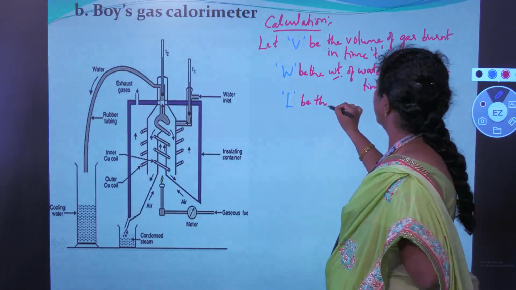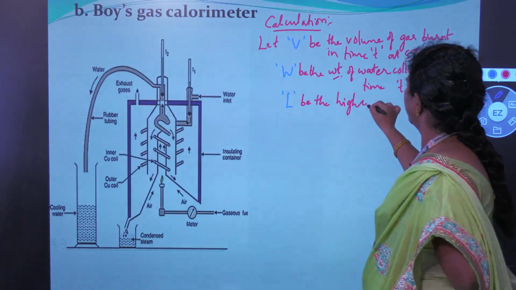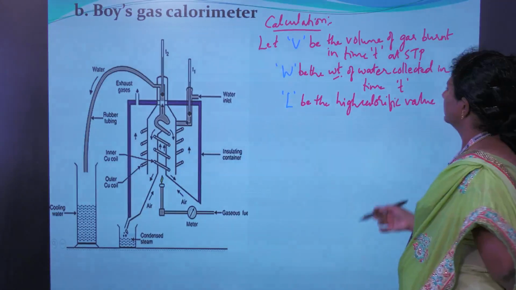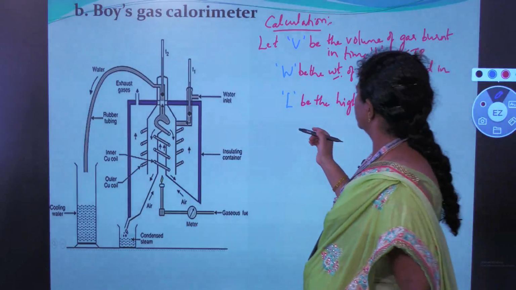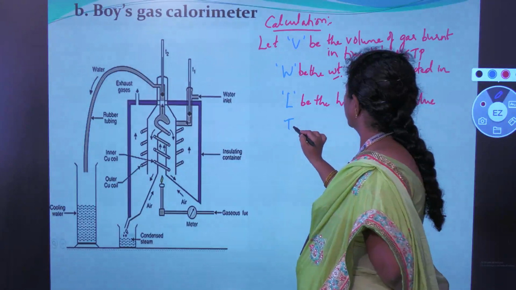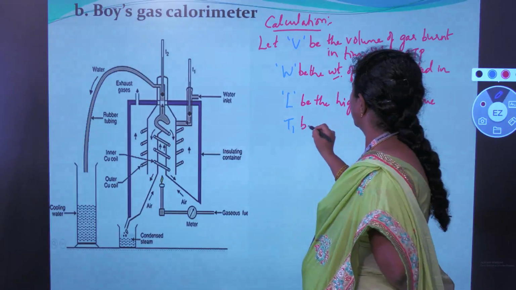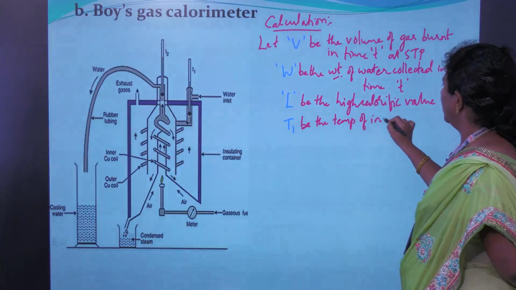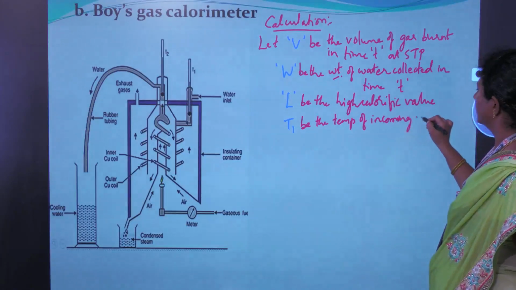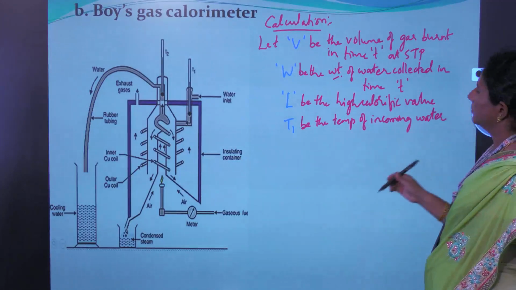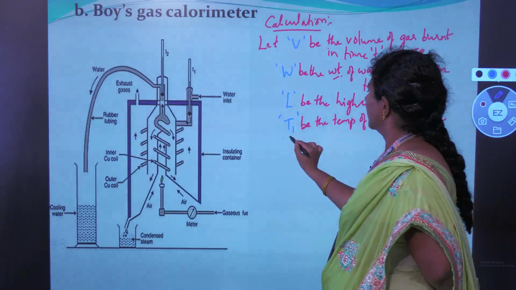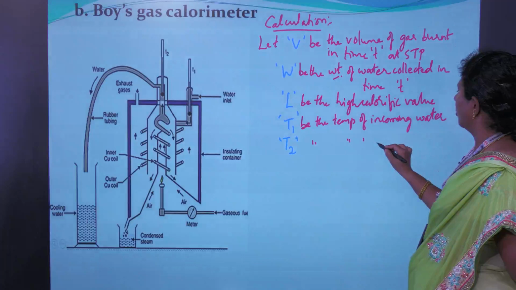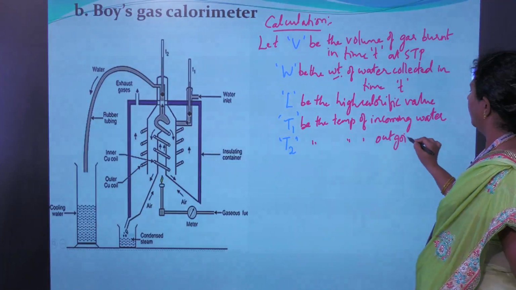L be the high calorific value. T1 be the temperature of incoming water, and T2 be the temperature of outgoing water.